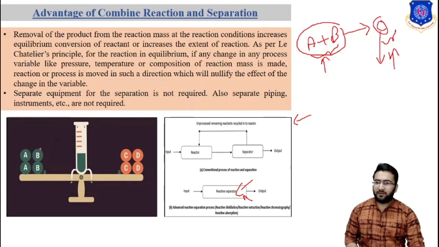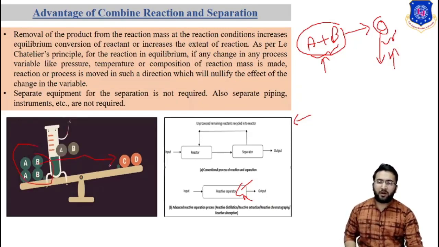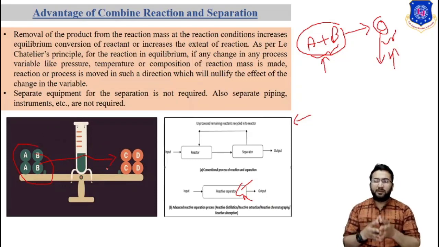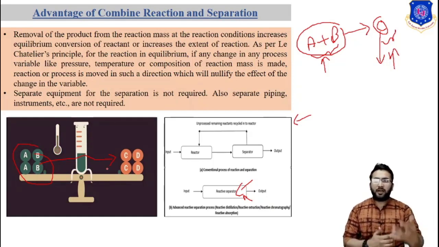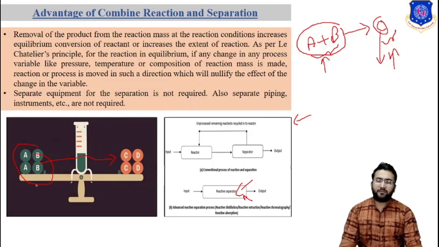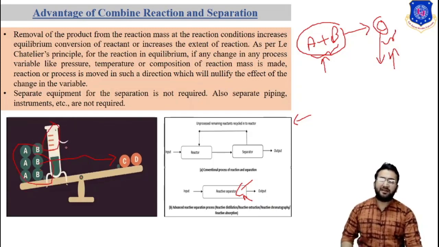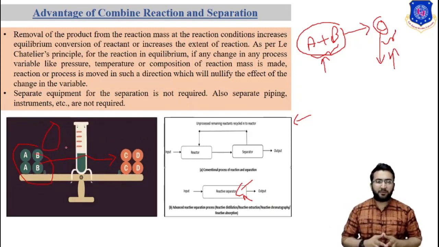If we add more and more reactant, then it will try to convert it into more and more product. So this is how the reaction tries to convert reactant into product using Le Chatelier's principle. Similarly, if the temperature of the reaction changes, then the reaction tries to nullify the effect of the temperature.